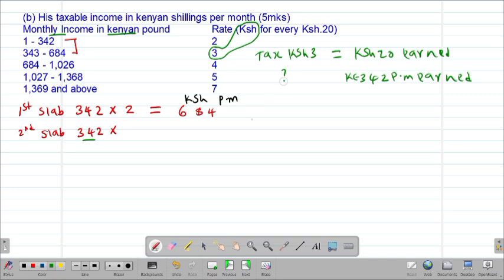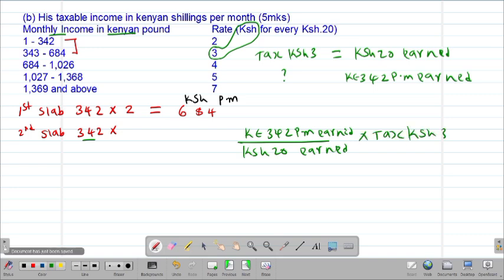So we're going to do cross multiplication. I will take Kenyan pounds of 342 per month, which is being earned, divided by the 20 Kenya shillings, which is being earned. Then of course multiply with a tax of 3 Kenya shillings.